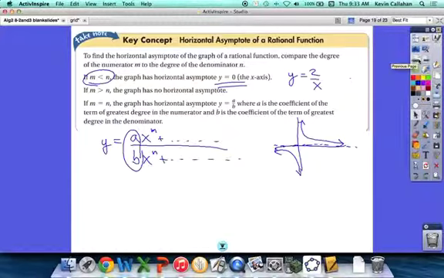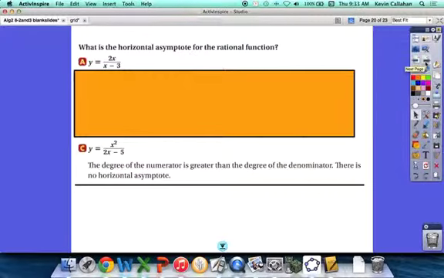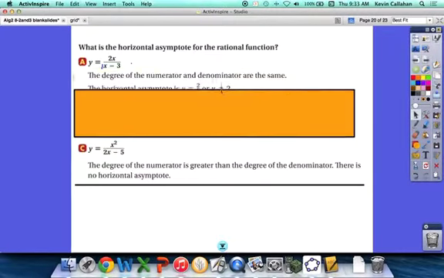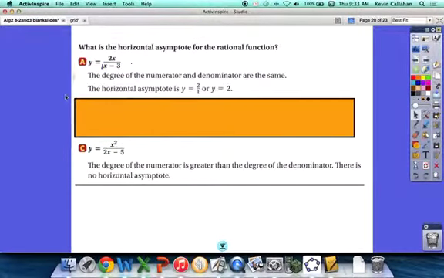By the rule, when they're equal, it equals the ratio of the coefficients, the coefficients in front of x. 2 and 1. You don't see it, but there's a 1 there. So y equals 2 over 1, y equals 2. If they have the same power, that's it.